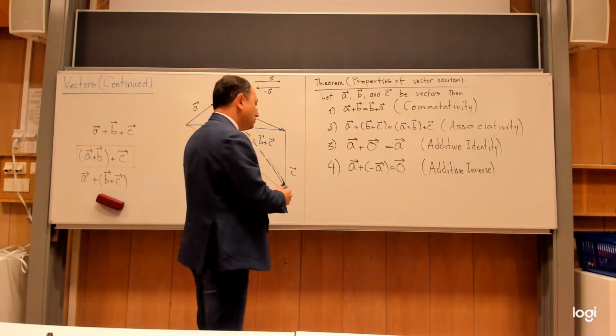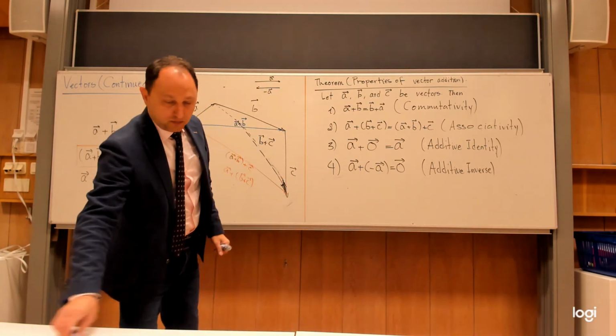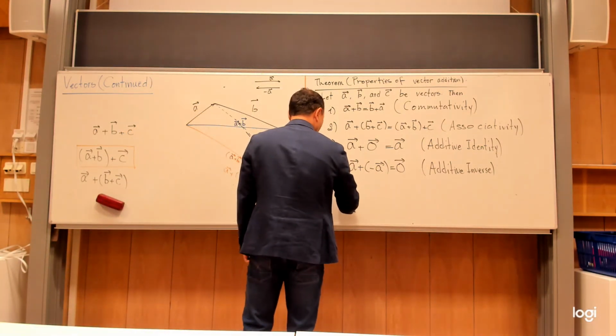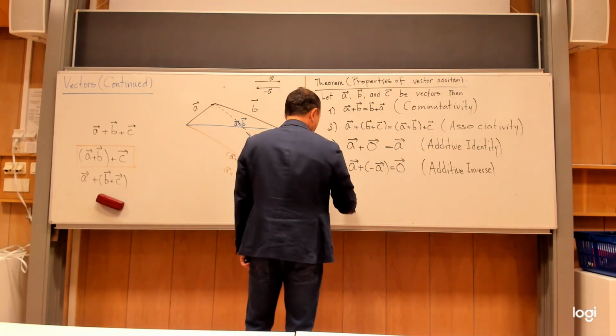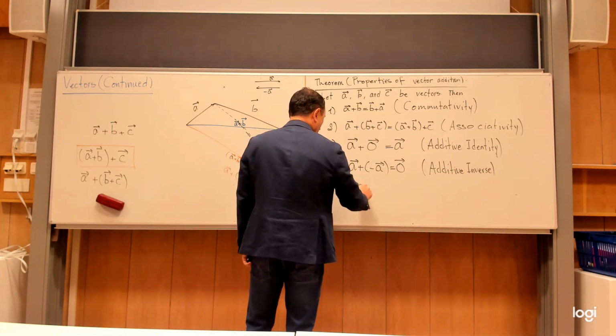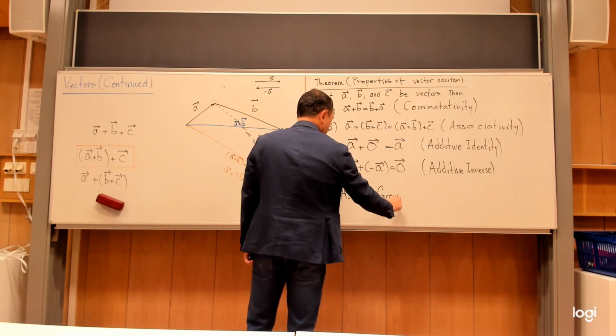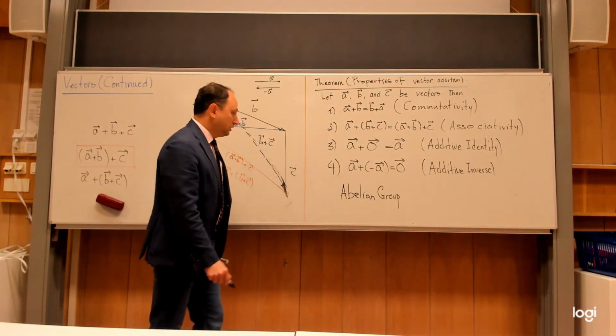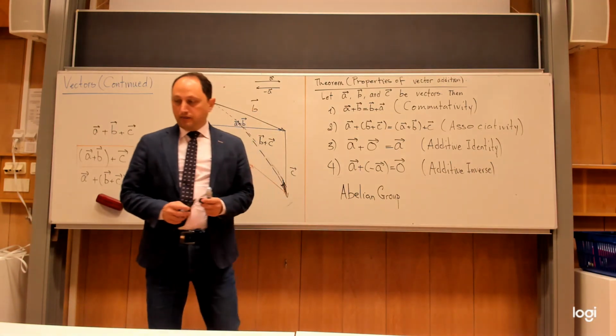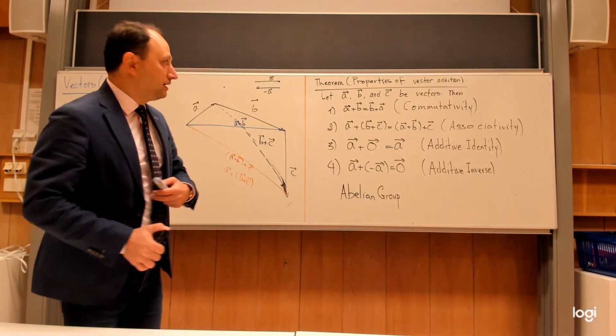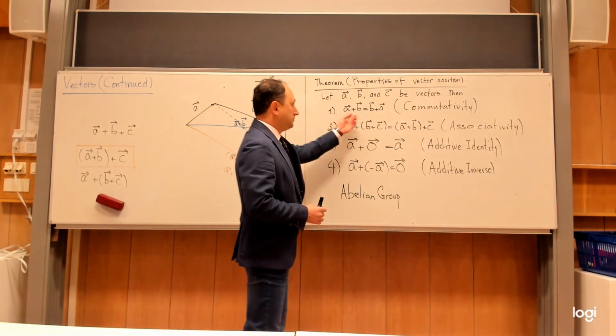I just want you to know these words, okay? Because now you're being specialized in mathematics, yes? Mathematics specialization. So abelian group. Yes? So abelian, Abel is the Norwegian mathematician, and here abelian means commutative.